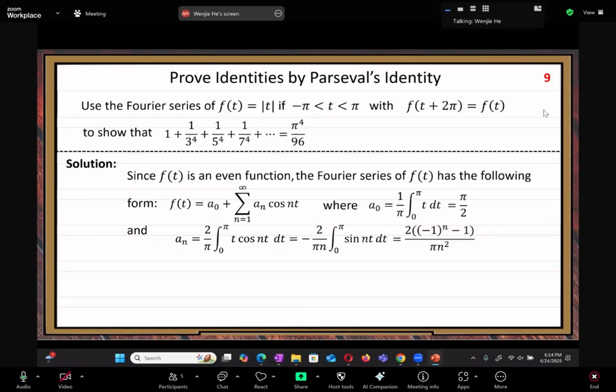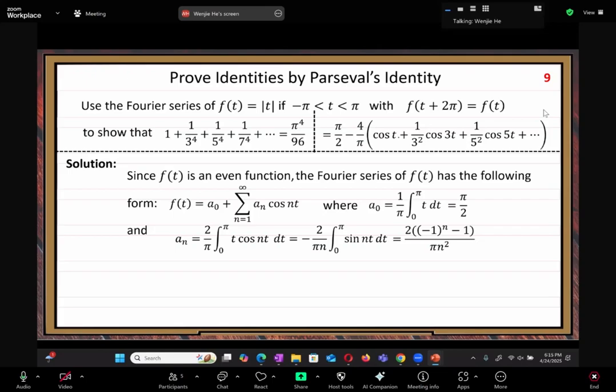So then even, odd. Look at the even and odd terms. Here also you can see for n an even number, all the coefficients are 0. So we only have the odd coefficients, and we write the Fourier series in this simple way.